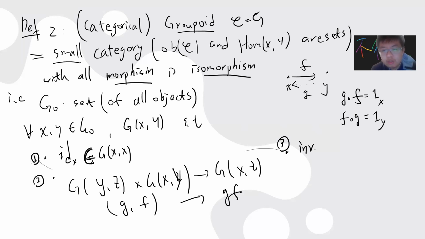There's an inverse. Okay, so this inverse is not in the usual category, right? But in our groupoid, every morphism has its inverse, right? So I can define the inverse. That means somebody gives you f in G_XY, and you can spell out the inverse, f inverse in G_YX.